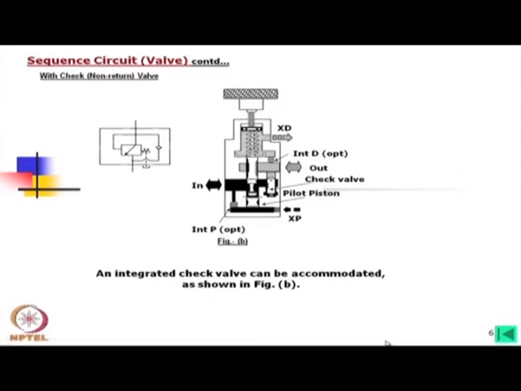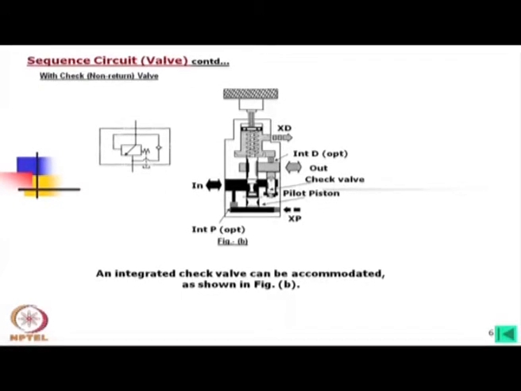Now, this the same valve, if you look into this construction, what we find here, only a check valve is used there, otherwise construction wise it is same as before. Now, this check valve, once we use this check valve, what you find is that the flow is in from both the sides and out from both the sides. This means that with this check valve we can allow the flow from this side to this side.